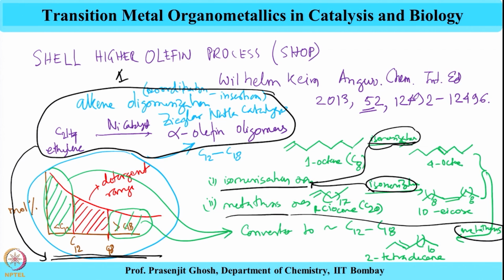So, these 2 processes together help these fractions, which are less than C12 and greater than C18, to come into a range which is usable for detergent purposes. So, mainly a couple of processes came together to find use for this wide range of alpha olefins as a part of the SHOP process.